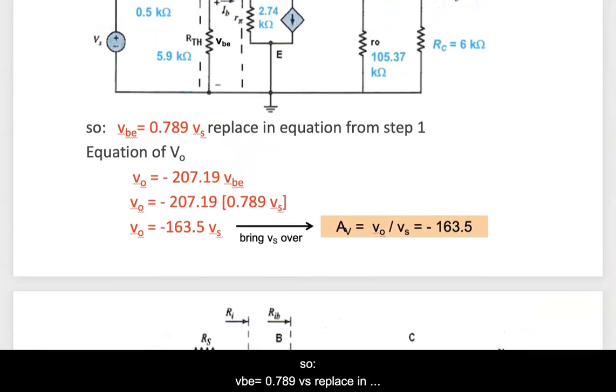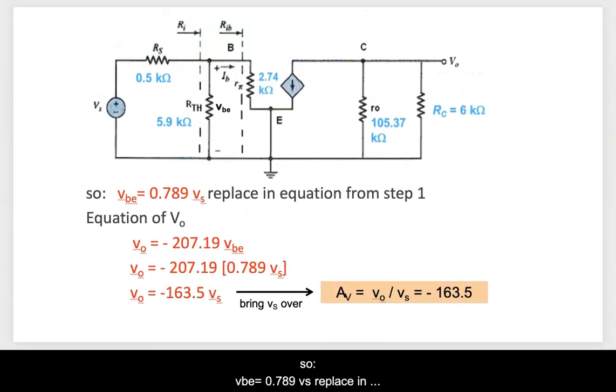So if we substitute VBE equal to 0.789 Vs to the equation of V out, where V out is equal to minus 207.19 VBE, we get V out equal to minus 207.19 times 0.789 Vs, and from there we can get Vout is equal to minus 163.5 Vs. From there we get the voltage gain Vout over Vs equal to minus 163.5.